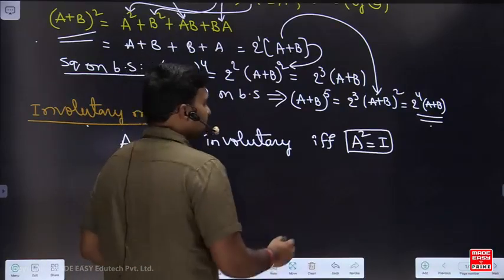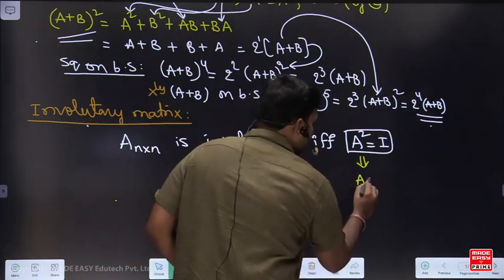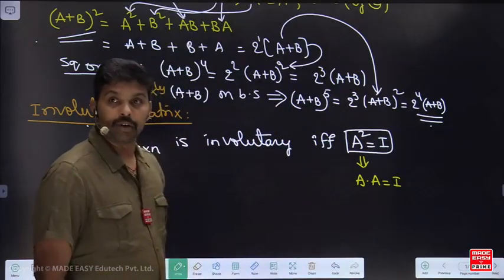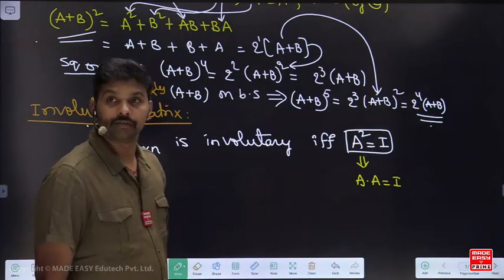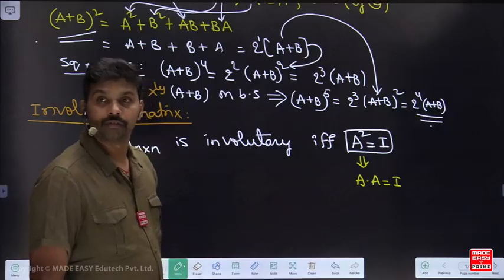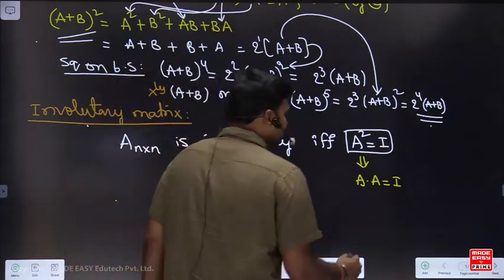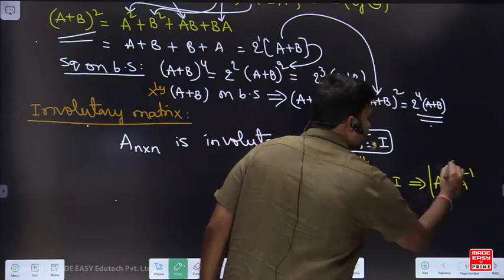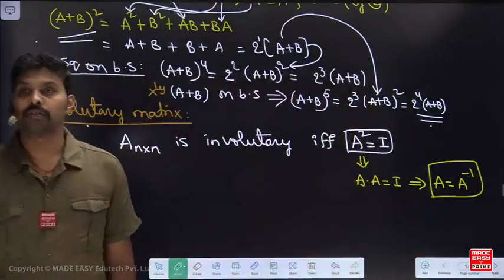So therefore, from this I can say A into A is equal to I. Okay, so then it becomes A is equal to A inverse. The matrix is self inverse.